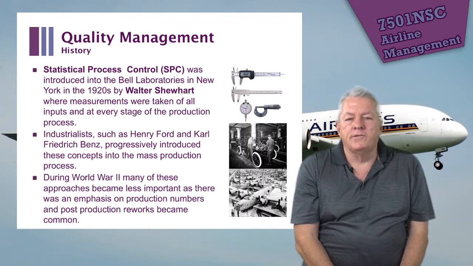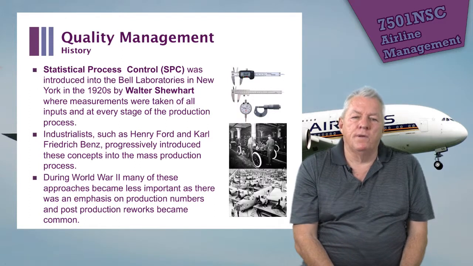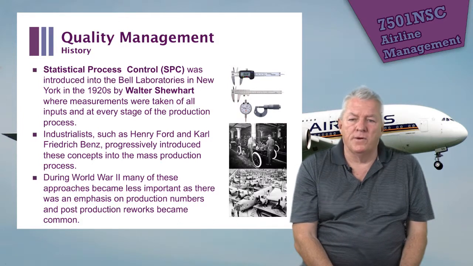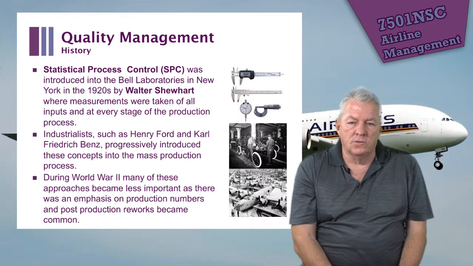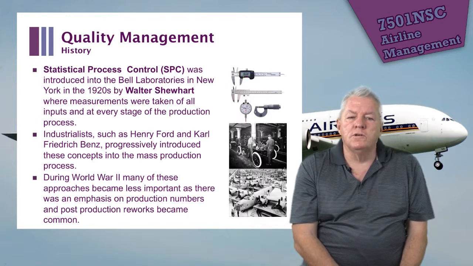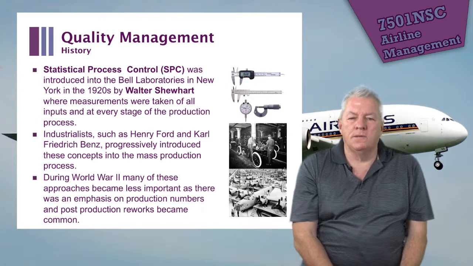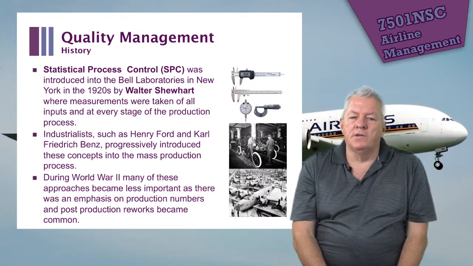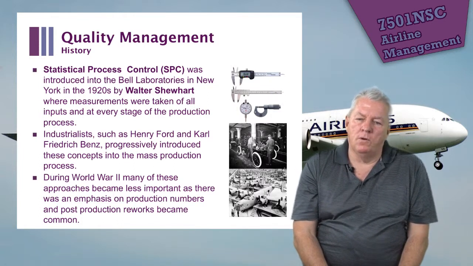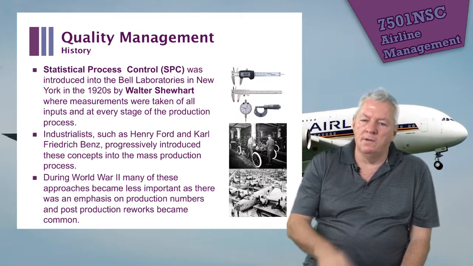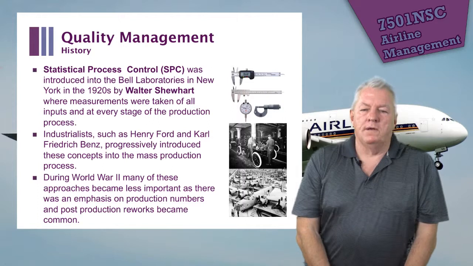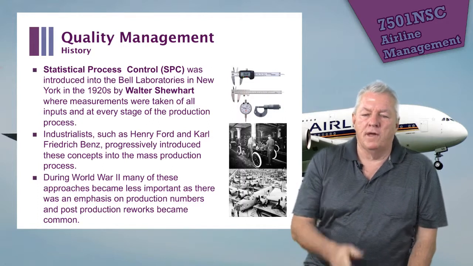People such as Henry Ford and Carl Friedrich Benz progressively introduced these concepts into the mass production process in the 1920s. During World War II, many of these approaches became less important as there was an emphasis on production numbers, and post-production reworks became common. On an aircraft production line, they build the aircraft, get to the end, then ground run the aircraft and start all 4 engines.